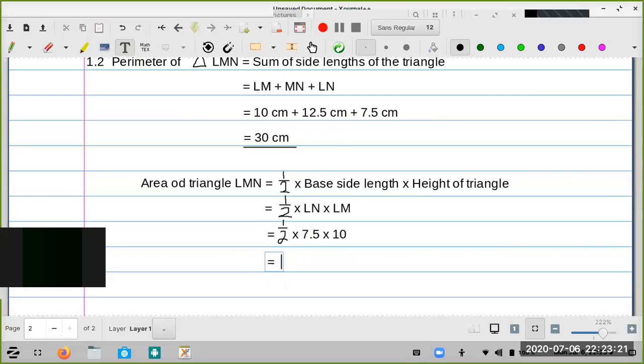Let me just quickly calculate that using my calculator. It's 7.5 times half of 10, which is 37.5. Then it is square centimeters.